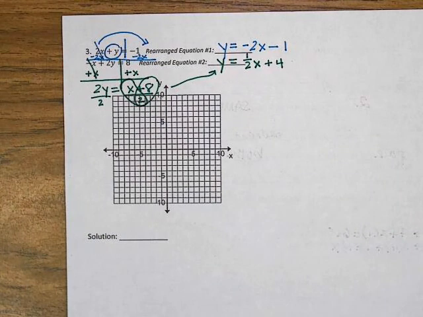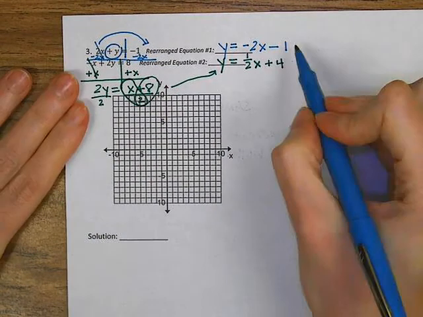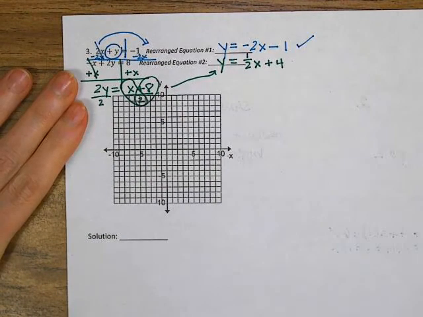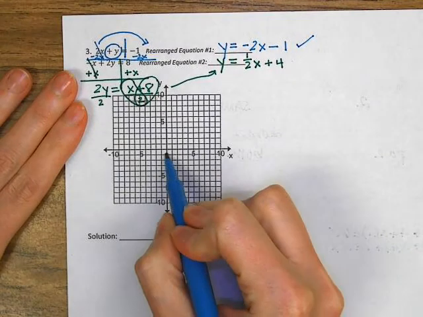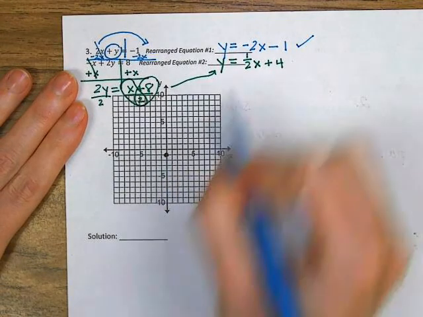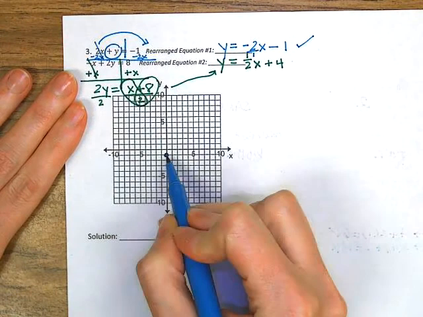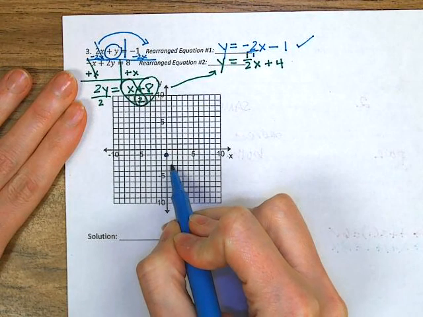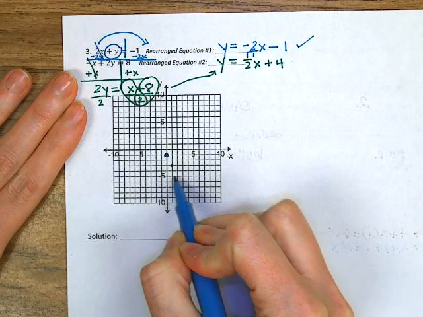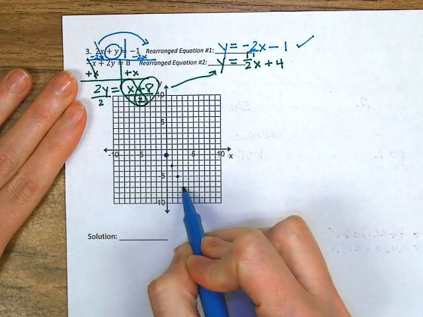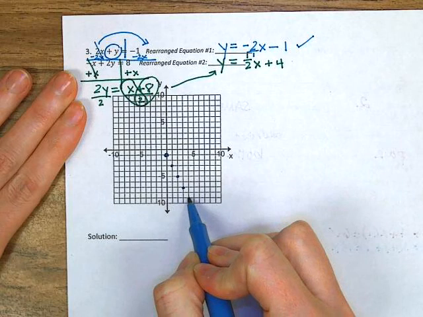All right, begin with the B and move with the M. I'm going to do the blue line first. Begin at the y-intercept at negative 1, and then the slope is negative 2 over 1. So I'm going to go down 2, right 1, and again, I'm just going to keep going down 2, right 1.